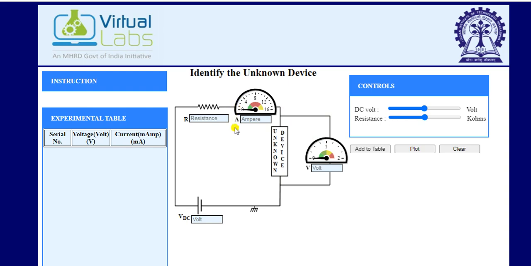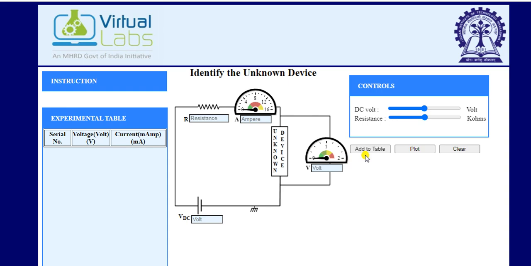Our task is to change the value of DC voltage and resistance value, then measure the value of current and voltage across this unknown device, add these values to the experimental table, and then plot a graph between current and voltage.